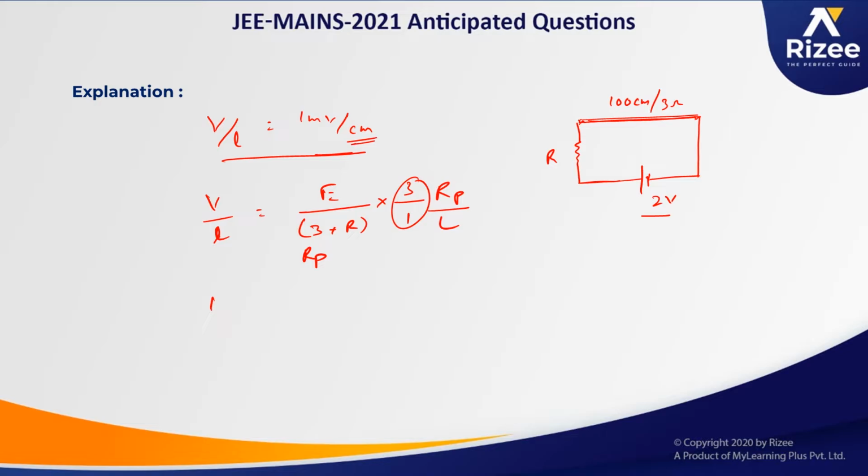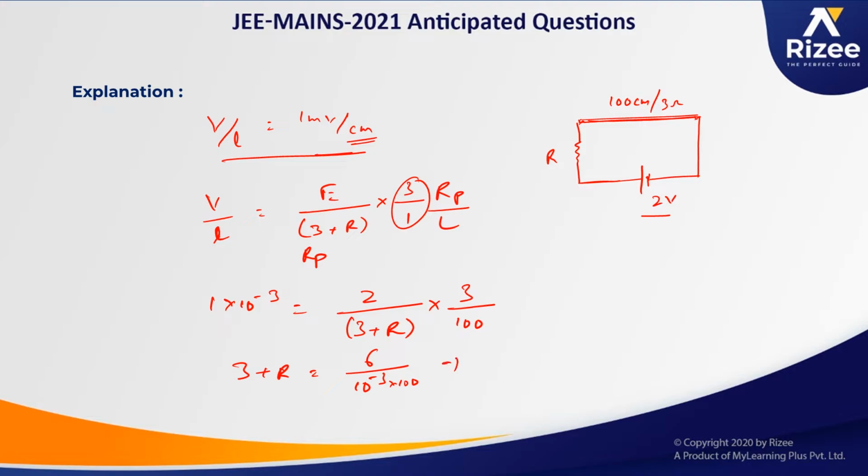This will be 1 into 10 to the power of minus 3 is equal to E, the battery 2, divided by 3 plus the series resistance R, into 3 ohms by 100 centimeters. Now from this we have to calculate R. So 3 plus R is equal to 6 by 10 to the power of minus 3 into 100.